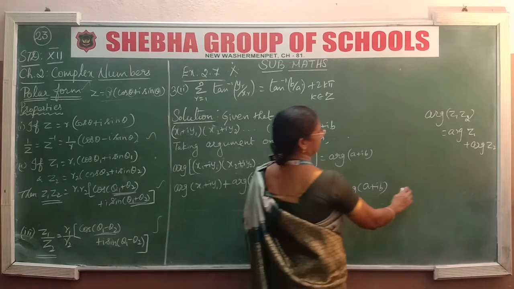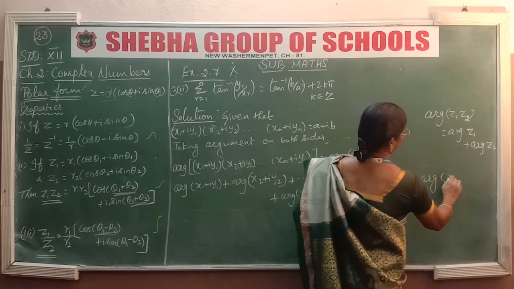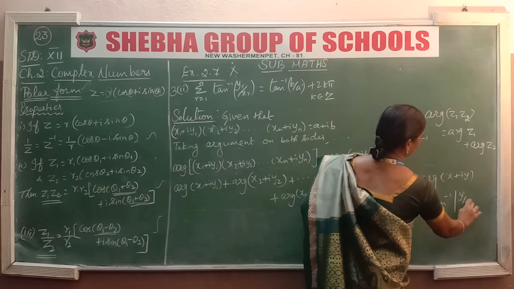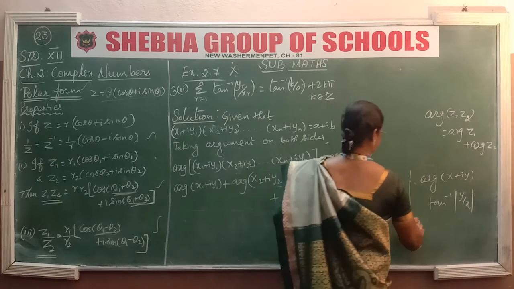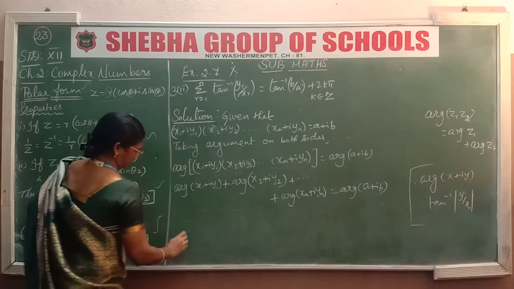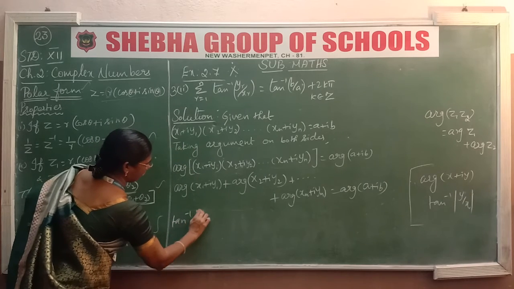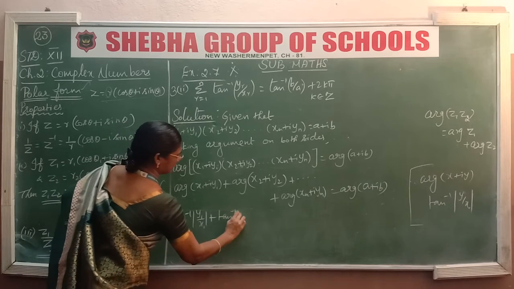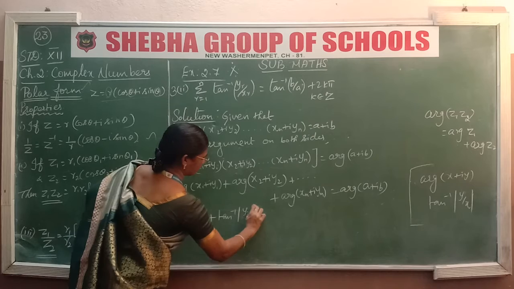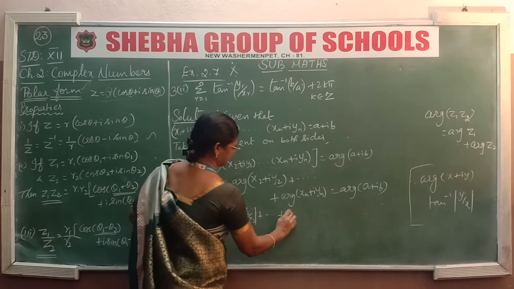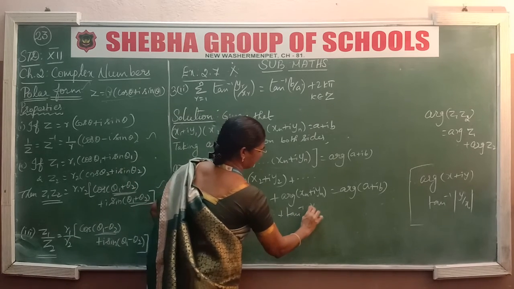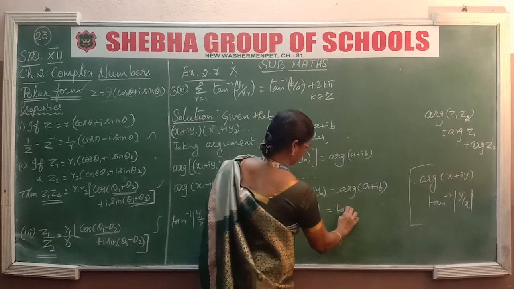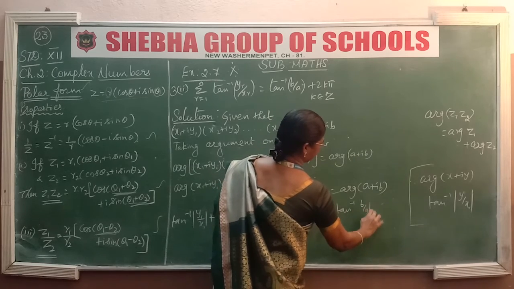The argument formula is argument of x plus iy is tan inverse of modulus y by x. Using this here, we get tan inverse of modulus y1 by x1 plus tan inverse of modulus y2 by x2 plus and so on plus tan inverse of yn by xn, which equals tan inverse of modulus b by a.